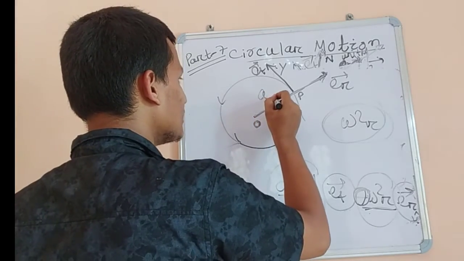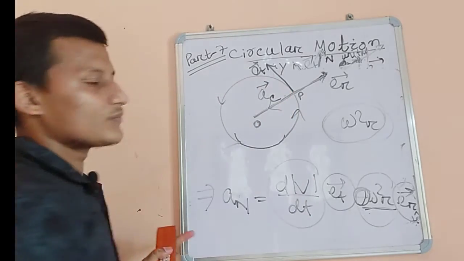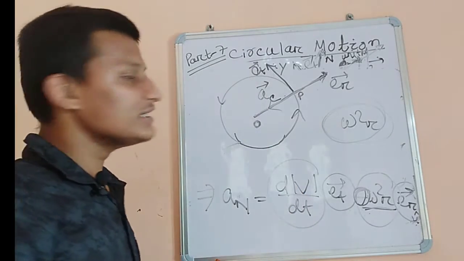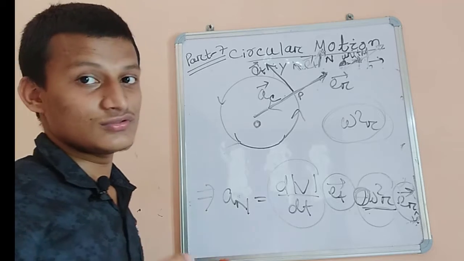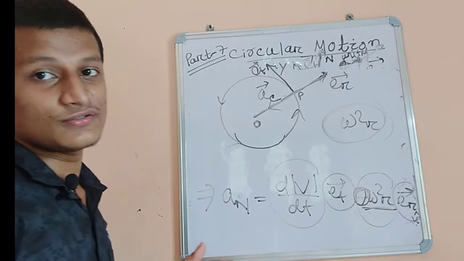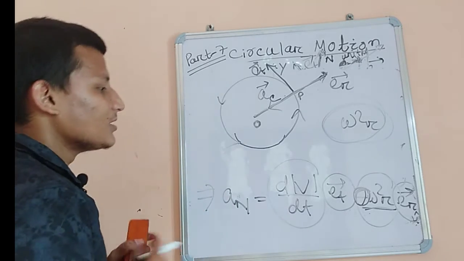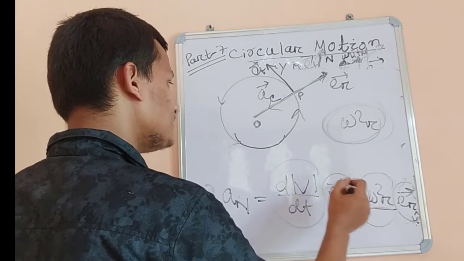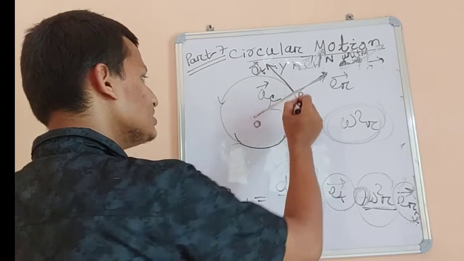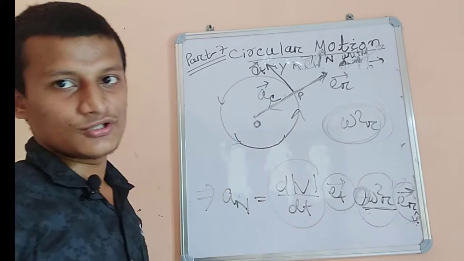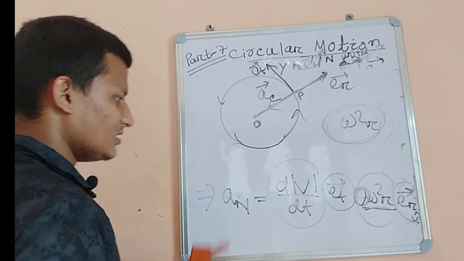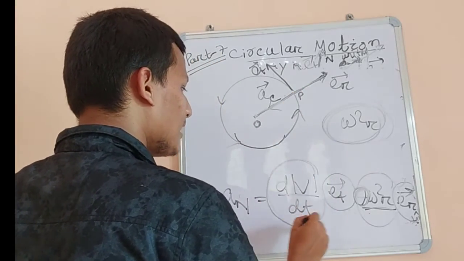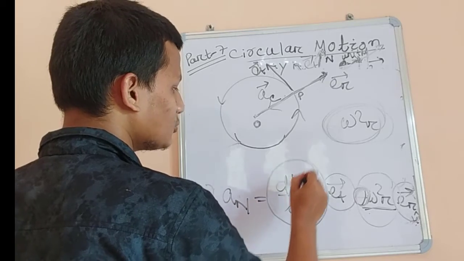So this is our centripetal acceleration, for which the particle is continuously changing its direction of velocity, not magnitude. Our magnitude is omega square r and the minus sign represents that its direction is opposite to the radial direction.